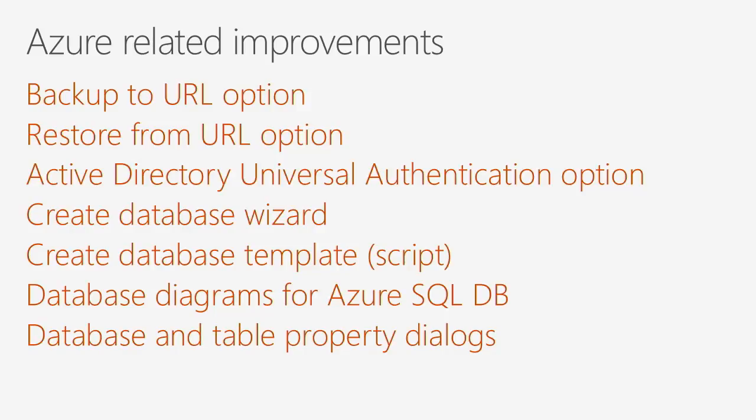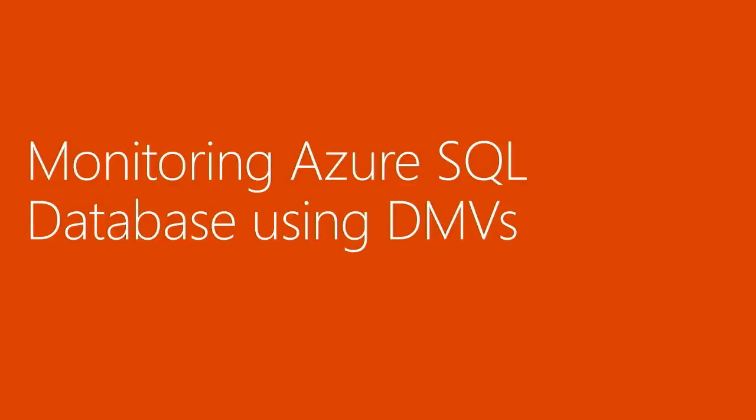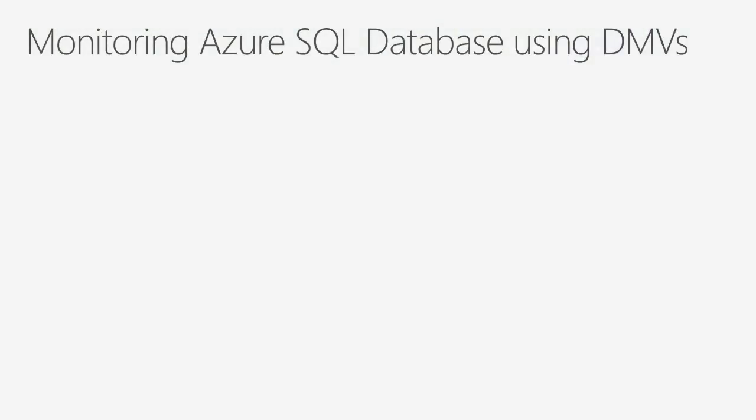Another great feature that is now added is the ability to actually look at the properties of both the database and the table. So now you're not just using Management Studio to run your queries. Now you can actually look at the properties without having to go over to the portal or use PowerShell cmdlets. For monitoring, instead of just using the feature set that is in the Azure portal, you can use DMVs.